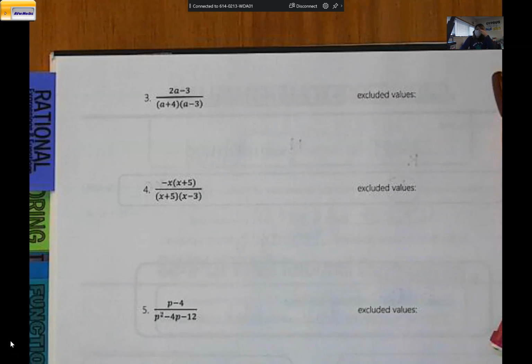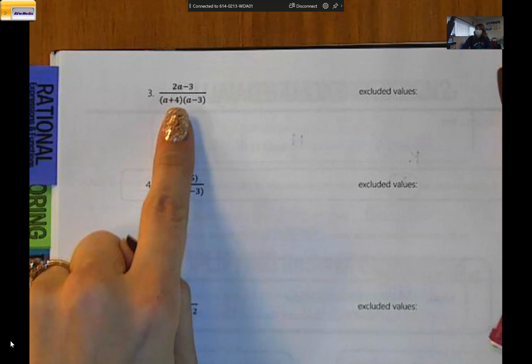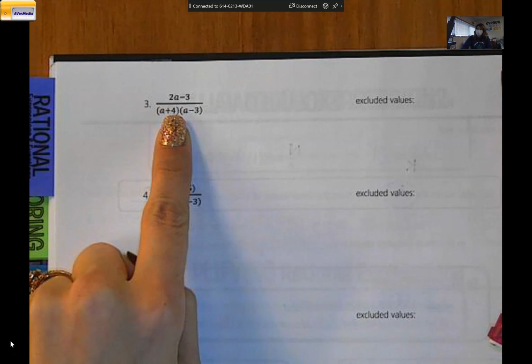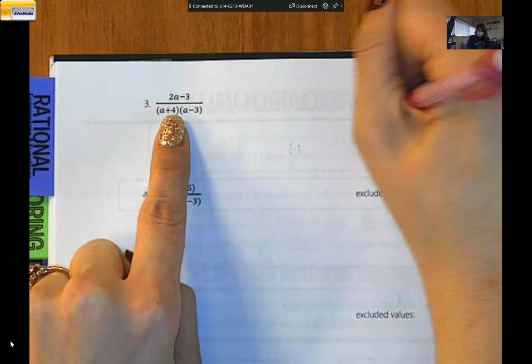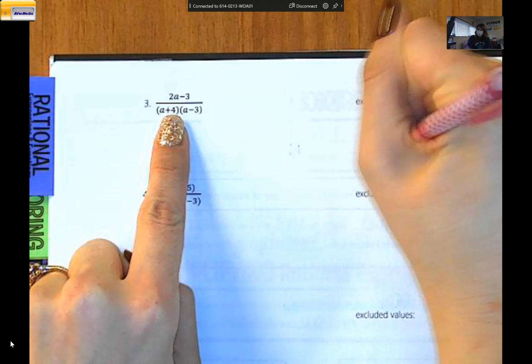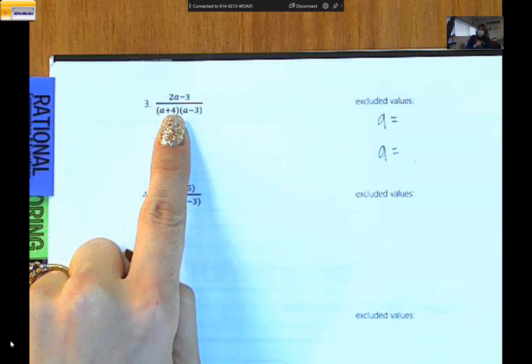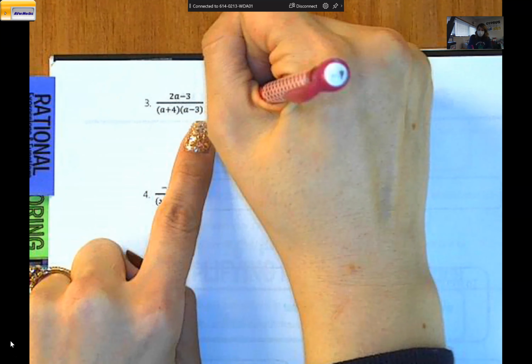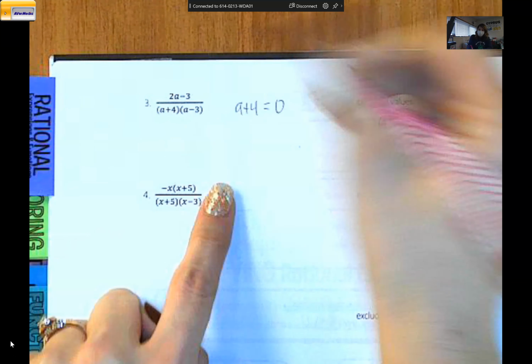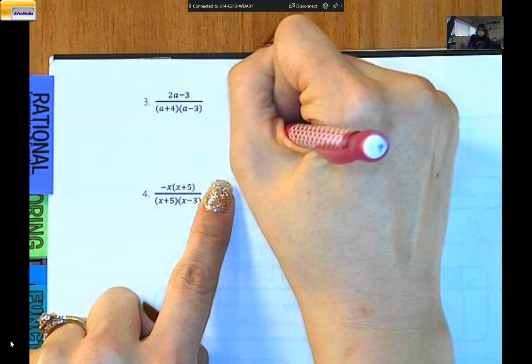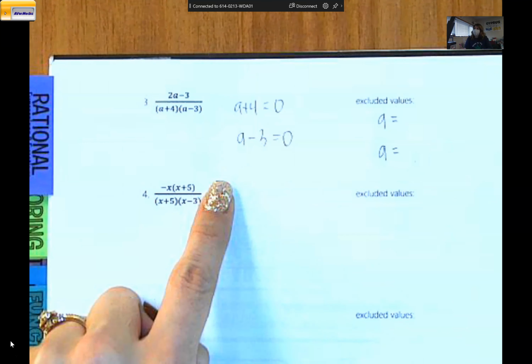Okay, so now this time we have 2 factors in the bottom. 2 factors in the bottom means we're going to have 2 excluded values. So we ask ourselves, what will make a plus 4 equal to 0? And what will make a minus 3 equal to 0?